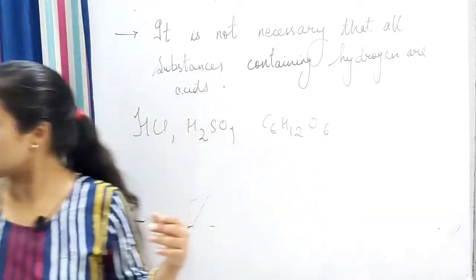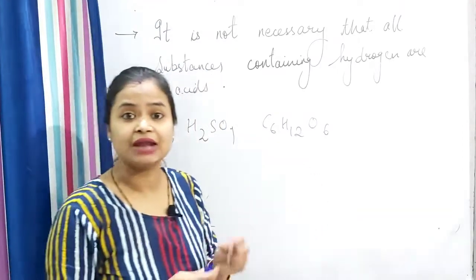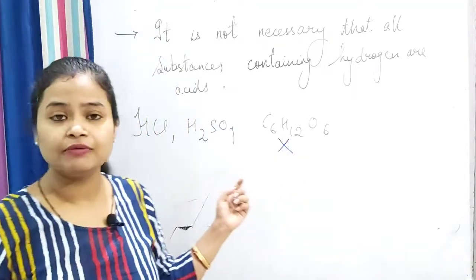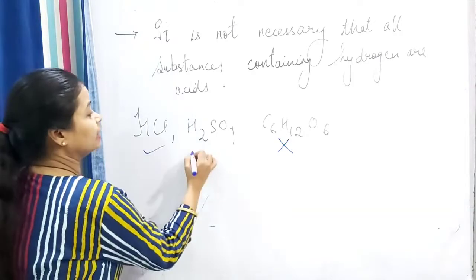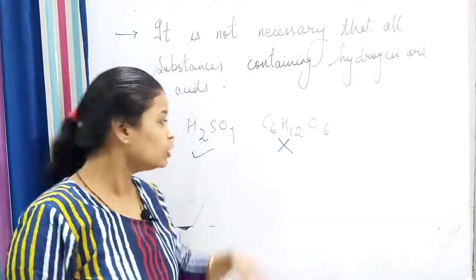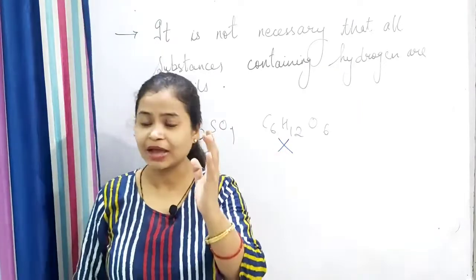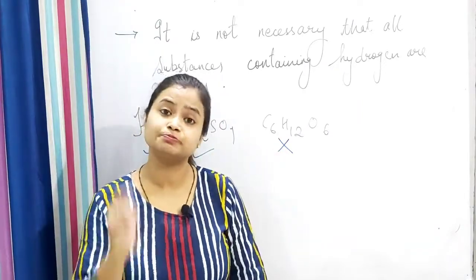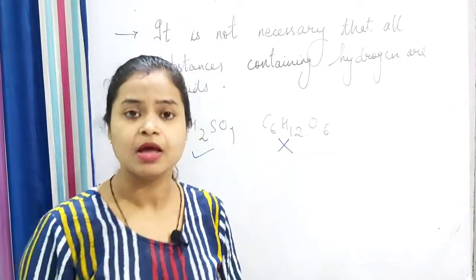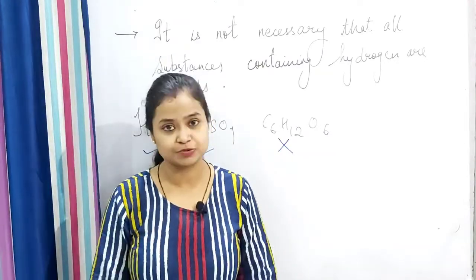No, glucose is not an acid, whereas HCl and H2SO4 are acids. Though glucose consists of 12 hydrogen atoms, in spite of that it is not an acid. Let us prove this by an experiment.